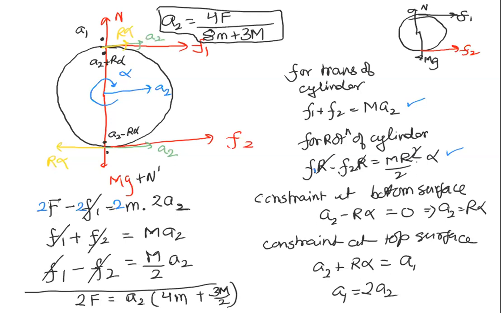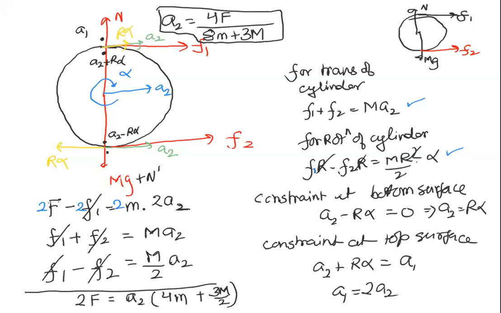Now that you have A2, of course you have A1 as well. And if you have A1, you have F1 and F2 as well. So this was a 10-mark question in IIT. I hope the algorithm of solving is getting clearer. There are some things which I do the long way because I don't want to get confused in any other question.